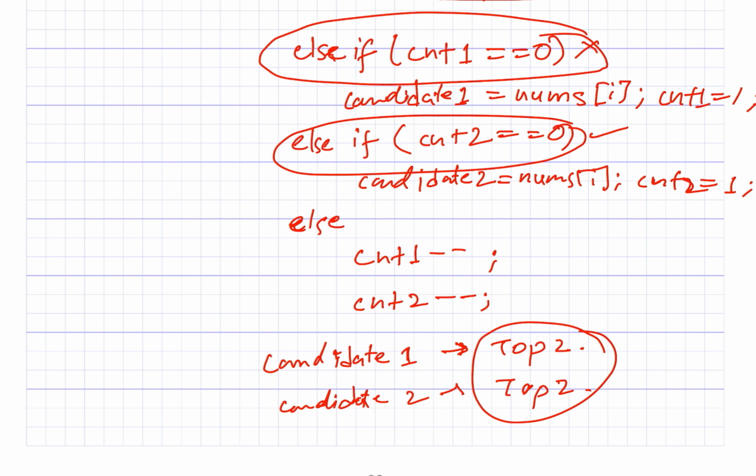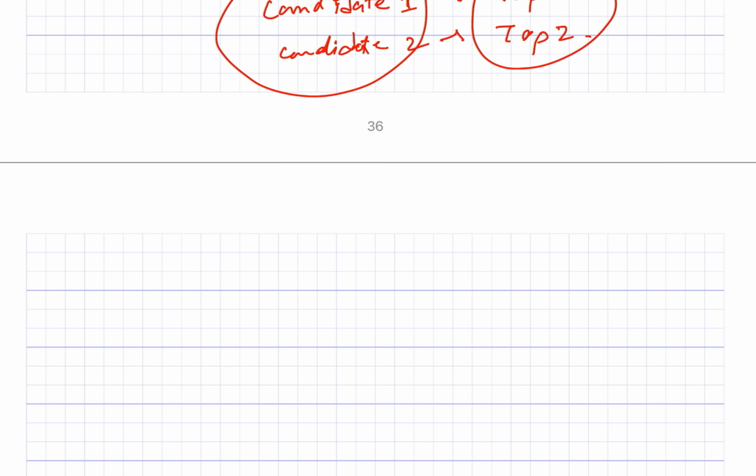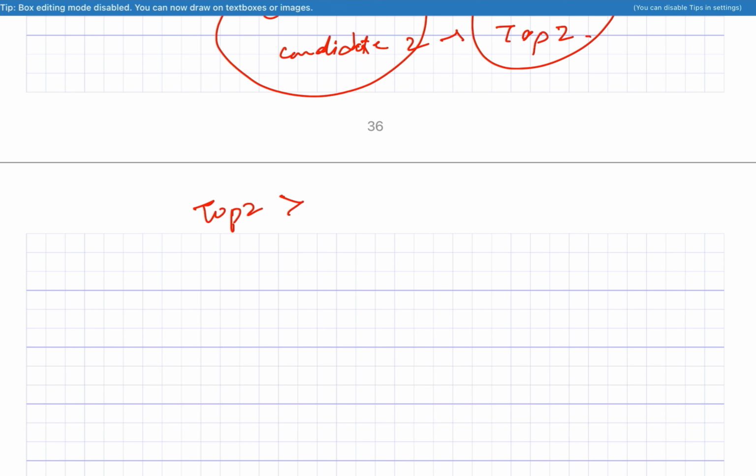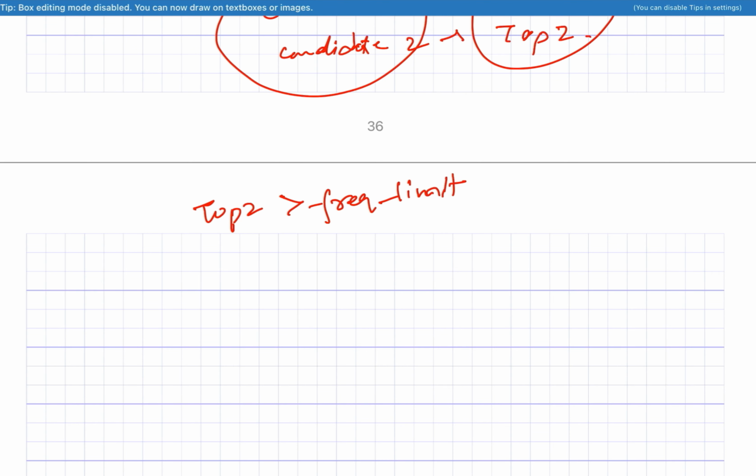Now we know that these two elements are in top 2, but we have a condition that the top 2 elements also should be greater than our frequency limit. What is our frequency limit? That it should be more than n/3 times.